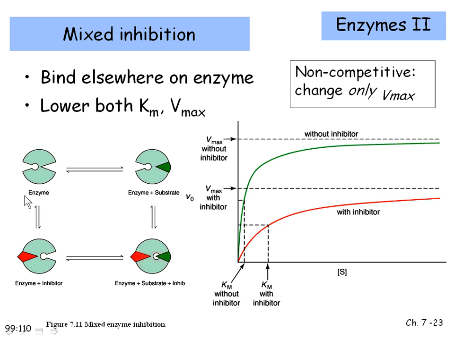But in this case, the enzyme has another site somewhere else that can bind compounds. If that second site, not the active site, but a different site, is occupied with that inhibitor, it can end up modifying both the affinity and the catalytic activity of the enzyme. It neither binds as well, nor does it catalyze the reaction as well.